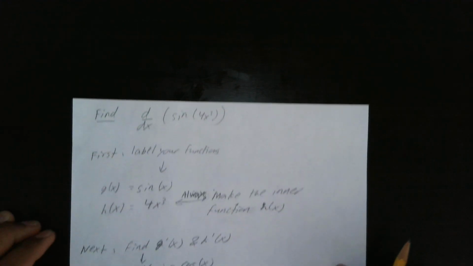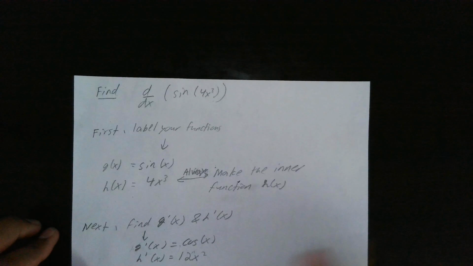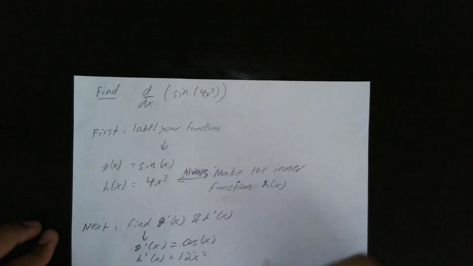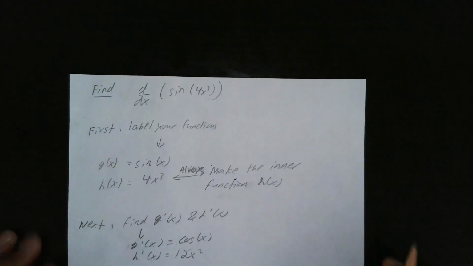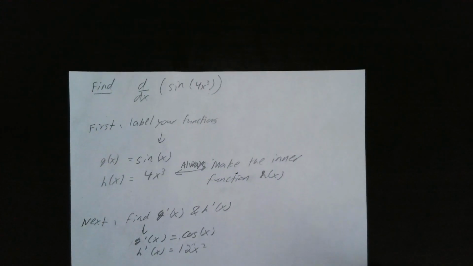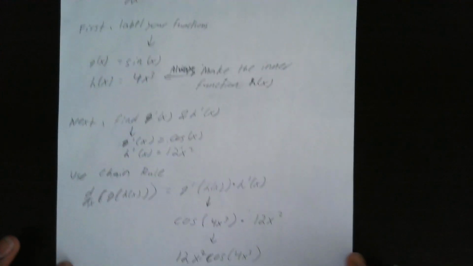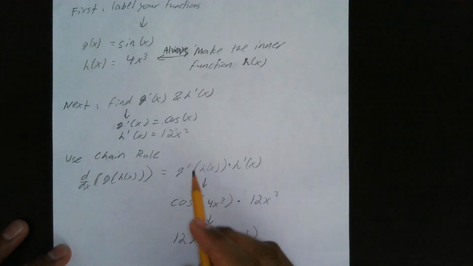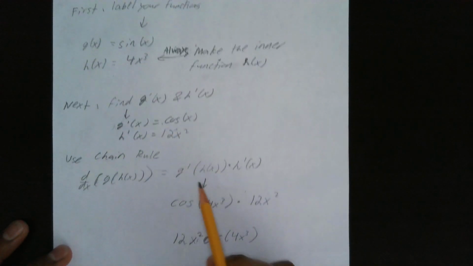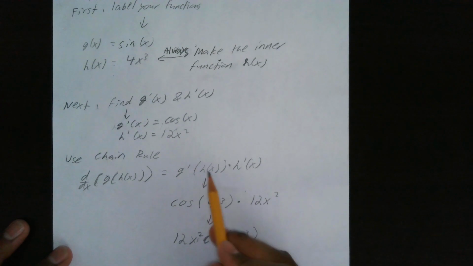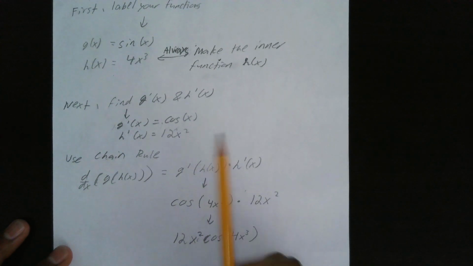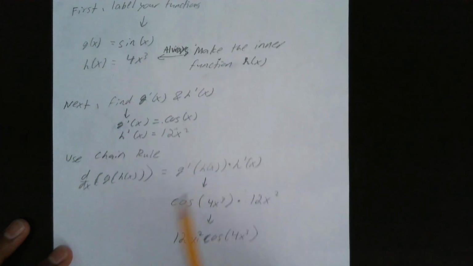Alright, next we want to find the derivatives. So we got g prime of x, that's cosine x, and h prime of x, that's 12x to the second power. And now we can use our chain rule formula. So we have g prime, that's cosine, and then we put in the interior function, just regular h of x, so that's 4x to the third.